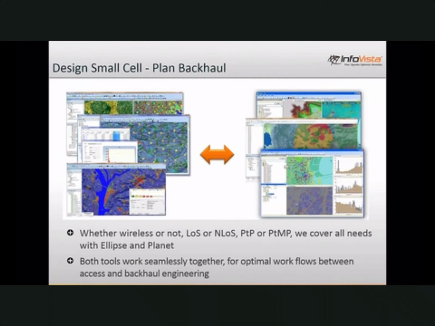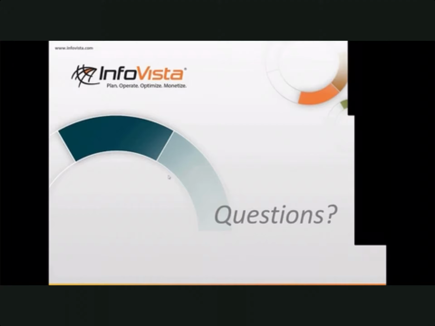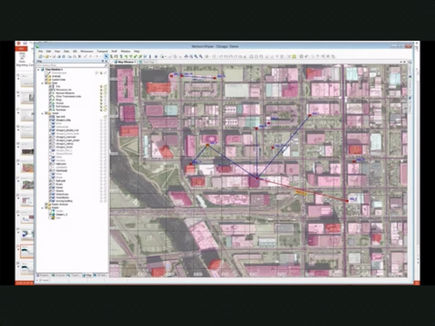Okay, I have the questions, but I would like to open the tool as such before we take the questions, just to show you very quickly how it can look before we are ready. And this is an area in Chicago downtown, and I have created a very, very small network with a base station up here.